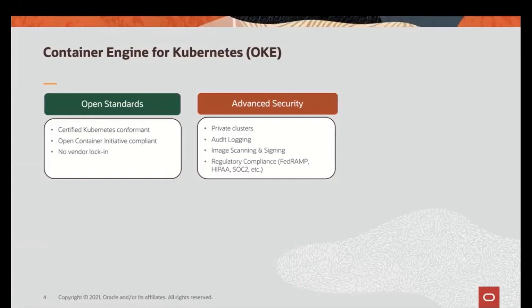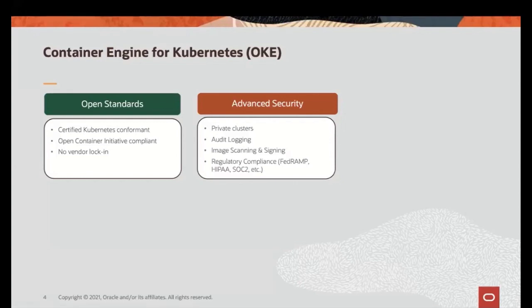So, for example, we integrate with Identity and Access Management of OCI, which ensures that the users you manage as part of IAM can log into your cluster. And you have an integration with Kubernetes RBAC, for example, to restrict what they can do in your cluster.